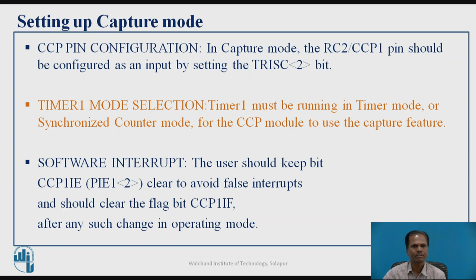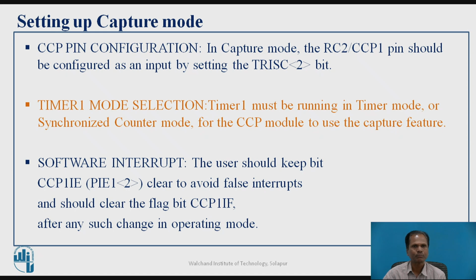CCP pin configuration. So let us discuss setting up a capture mode of operation for CCP module. In capture mode, the RC2/CCP1 pin, that is the multiplexed pin of a PIC microcontroller, should be configured as input by setting the bit in TRISC register at bit position 2, so that RC2/CCP1 will act as an input pin.